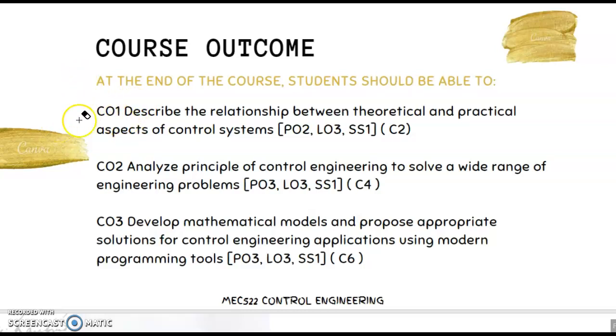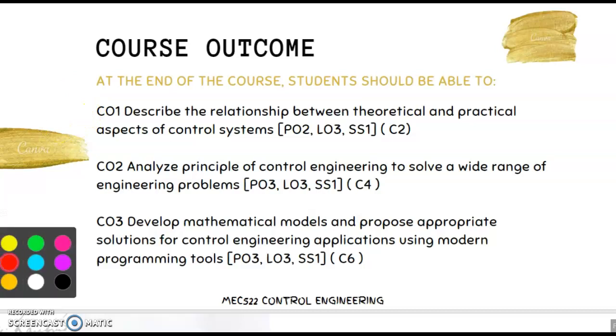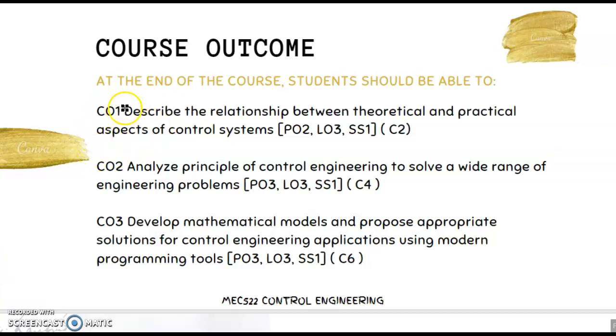In this chapter, we have 3 course outcomes. CO1, we just need to know the theoretical. CO2, you already know the theoretical, so you need to analyze.